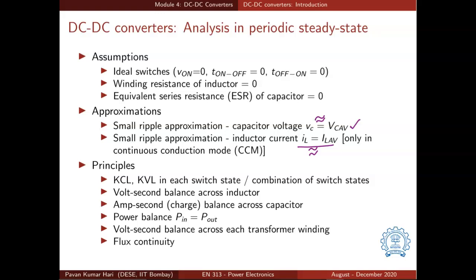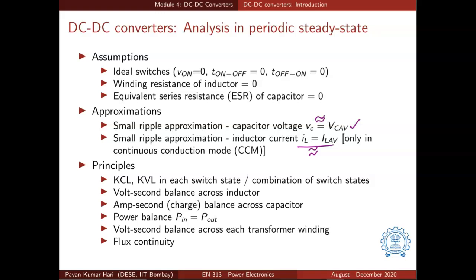So volt second balance across an inductor, that we know. We also know that amp seconds or charge is balanced across a capacitor, and in some analyses the power balance, input power is equal to output power, because we are assuming the converter to be lossless. So input power being equal to output power can also help us arrive at certain expressions easily.